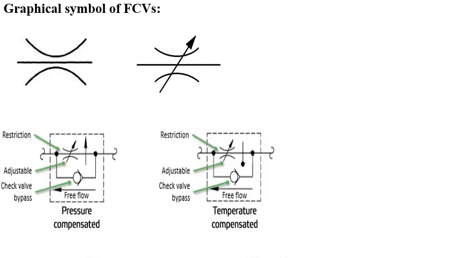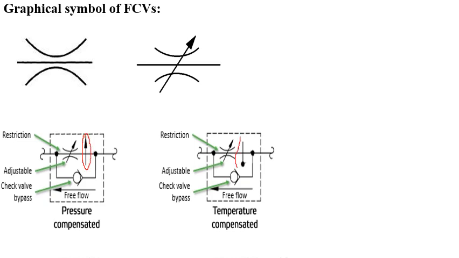Here is the pressure compensated and temperature compensated flow control valve. There is a restriction in the flow, an adjustable pressure, a check valve bypass for free flow, and here the temperature compensation. When this arrow mark is there, it is a pressure compensated flow control valve.